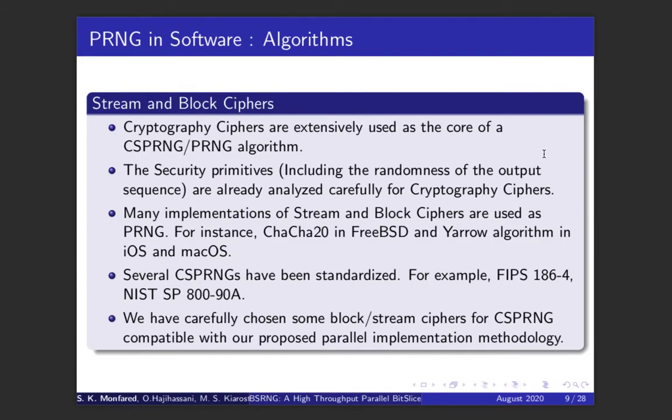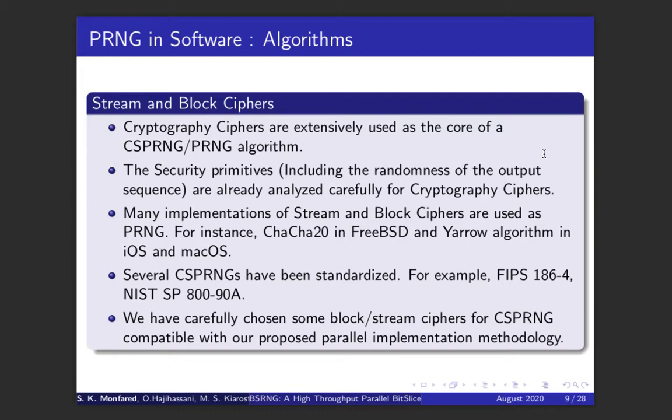CSPRNGs, as we talked about, can be implemented using stream and block ciphers, right? This is really useful because the security primitives of block and stream ciphers, including the quality of the randomness of the output sequence, have already been studied carefully by cryptographers. So you don't need to worry about the quality of the randomness of the output.